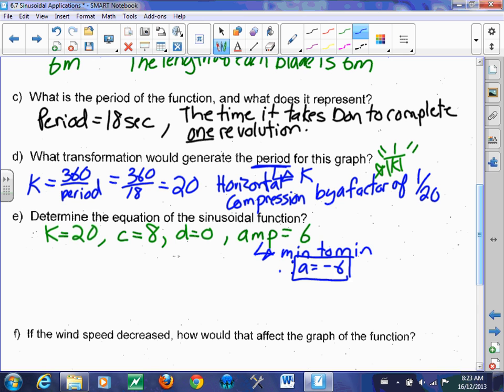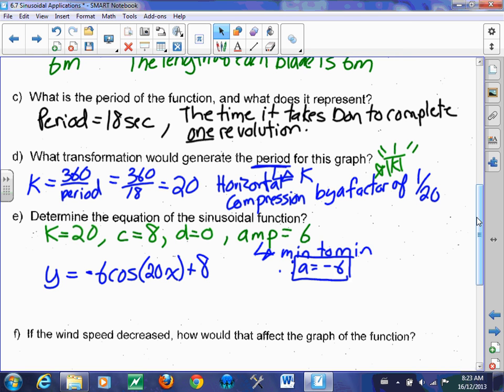Okay. So let's put our formula in. So we're going to go y equals negative 6 cos times K, which is 20, x plus 8. Now, ladies and gentlemen, that's the equation of a sinusoidal function. Let's rewrite it in terms of the graph.